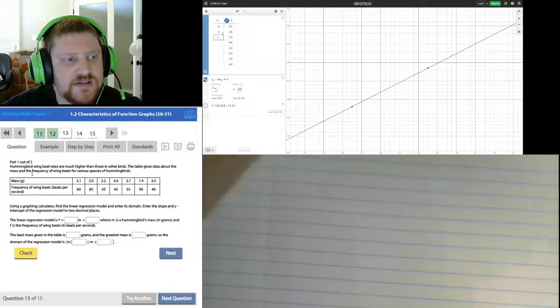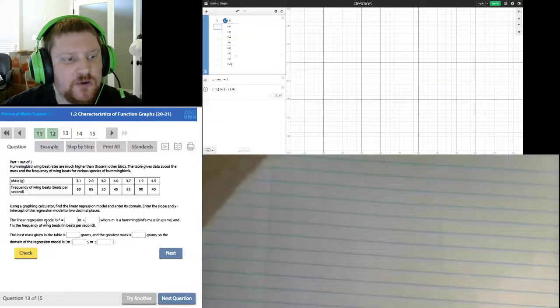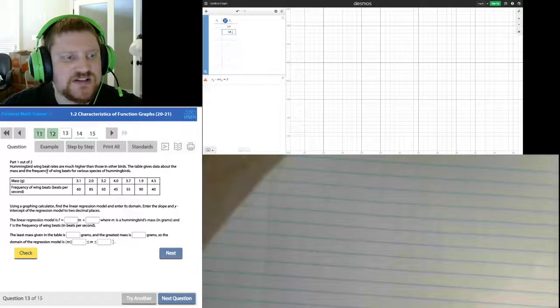So I'm basically erasing all the problems out of the table. However, you'll notice that I'm not erasing what I had here for the regression model. And the reason for that is I can actually recycle that.